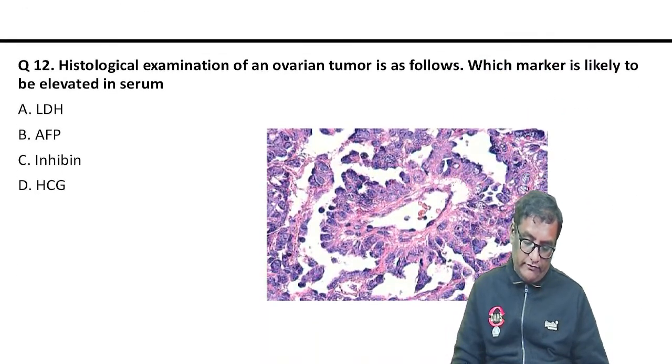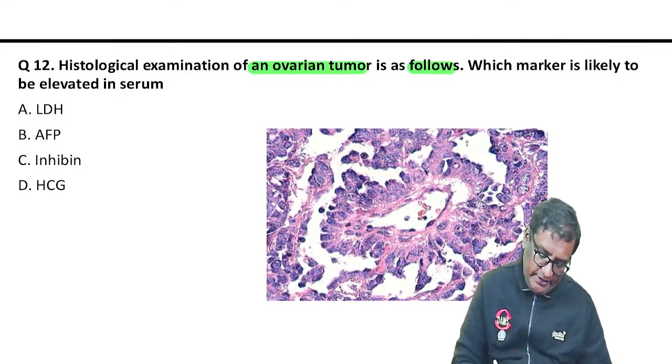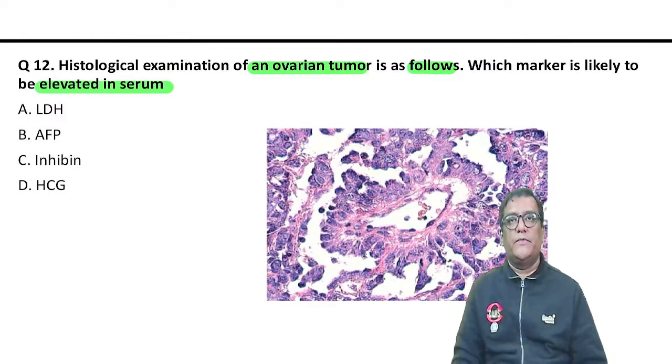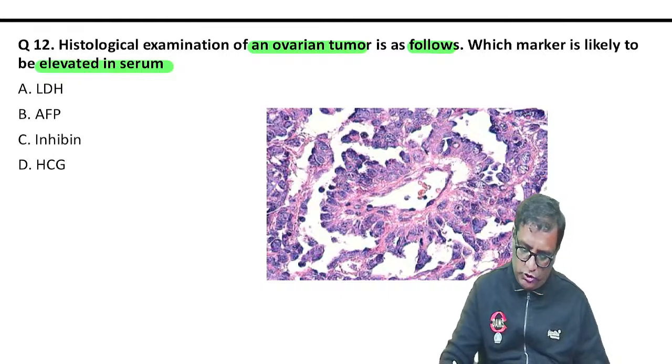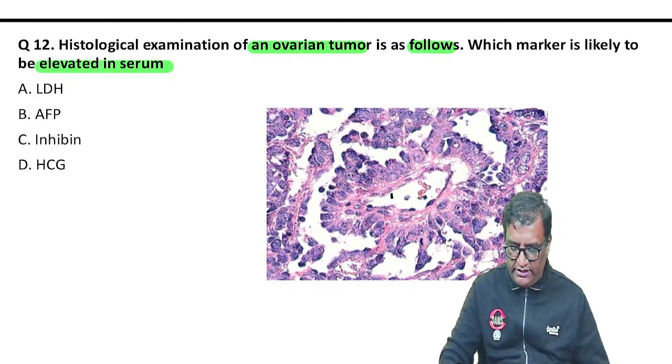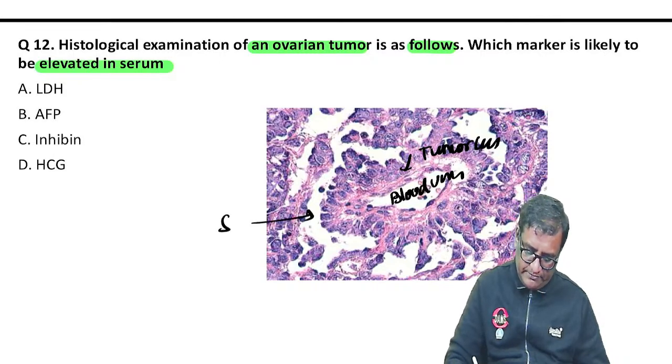Next, question number 12. Histological examination of an ovarian tumor is as follows. Which marker is likely to be elevated in the serum? Okay, histological examination has been shown. In the center, you are seeing a blood vessel surrounded by tumor cells, and the tumor cells are surrounded by an empty space.